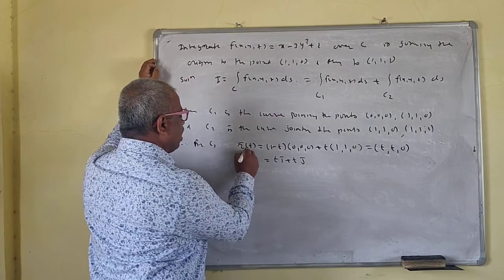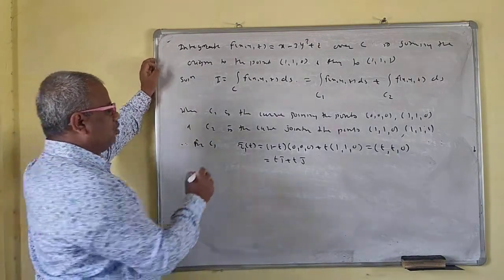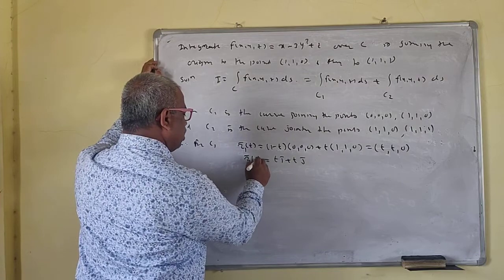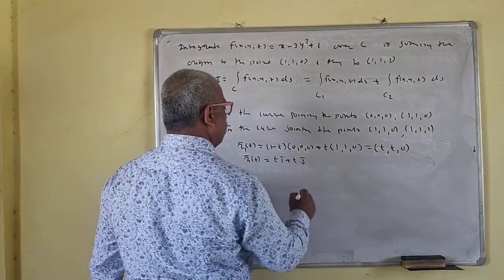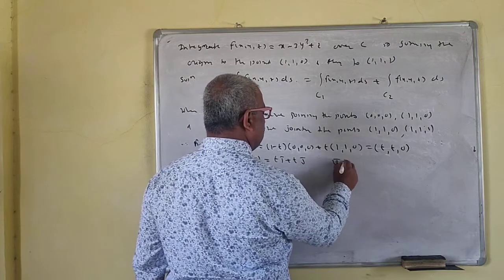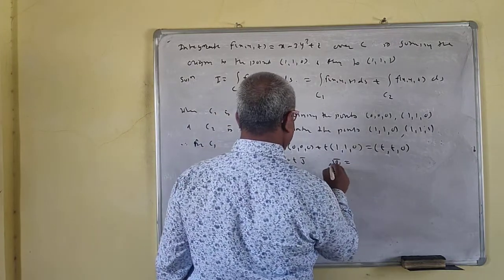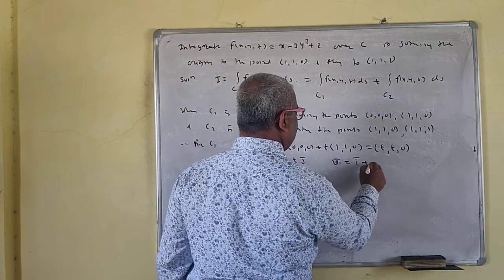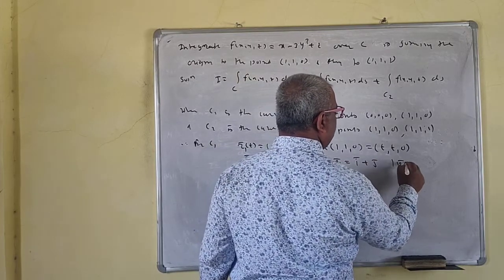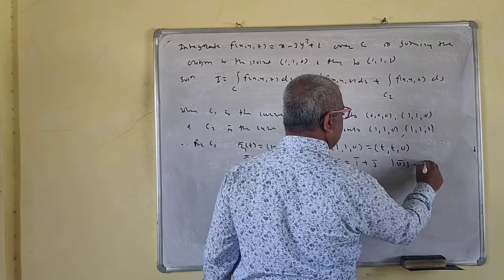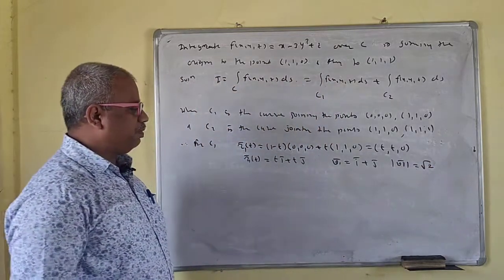I will say r1 bar of t for this one. Then v1 bar is i bar plus j bar, and mod of v1 bar is root 2.